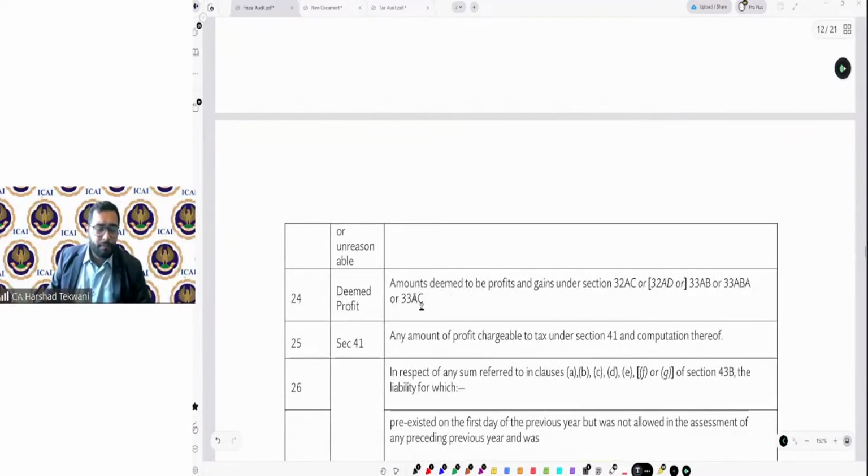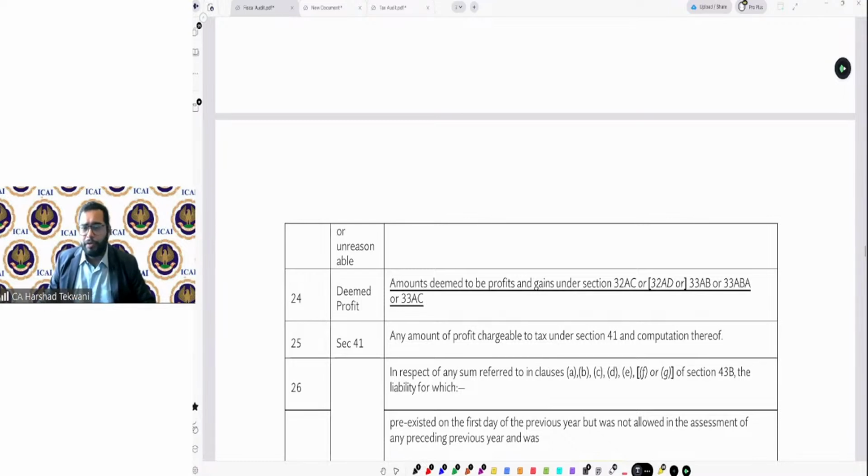Clause 24. Amounts deemed to be profits and gains under section 32AC, 32AD, 33AB, 33ABA, or 33AC. Again, these are special provisions wherein you get a deduction.